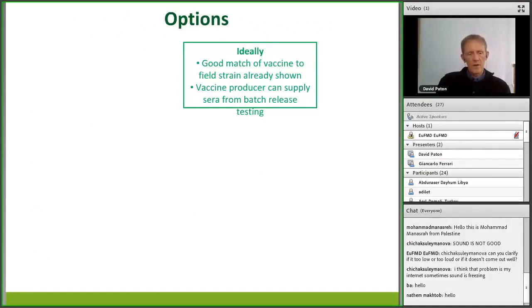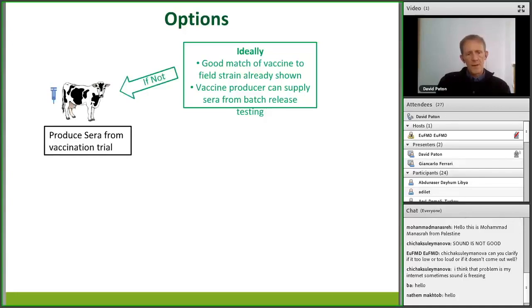To summarize all this, ideally you start off with a good match of the vaccine to the field strain that has already been shown, and the vaccine producer can supply you with sera from batch release testing. Those, of course, are two key questions that you ask for in your tender: evidence that there is a good match, and asking for these sera.